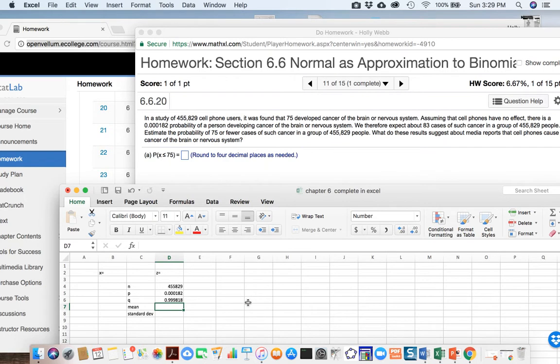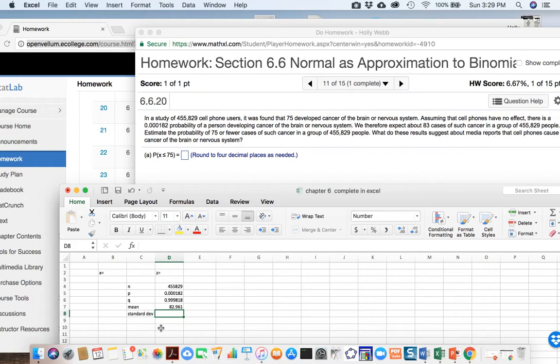To find our mean, we're going to do our N times our P. And that is where they're getting that number of 83.